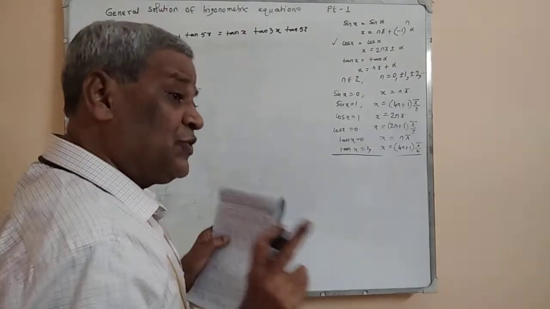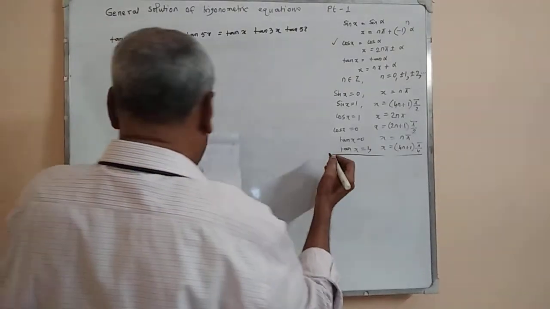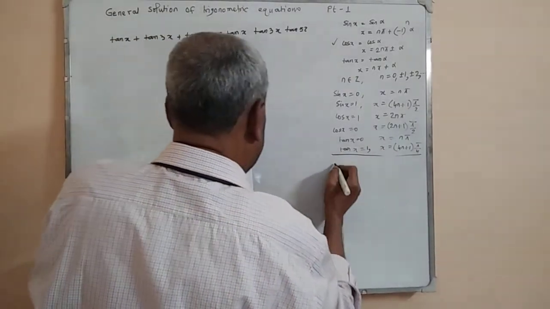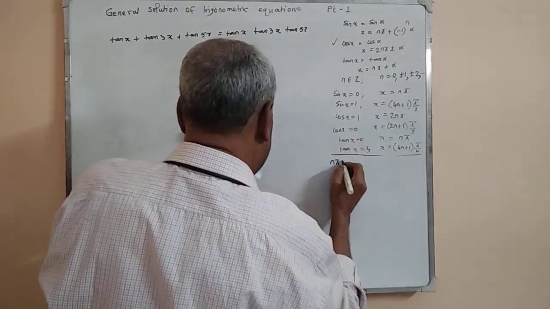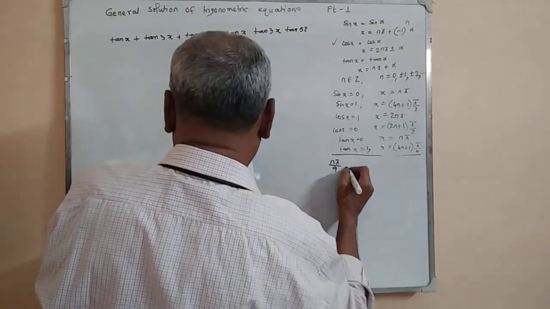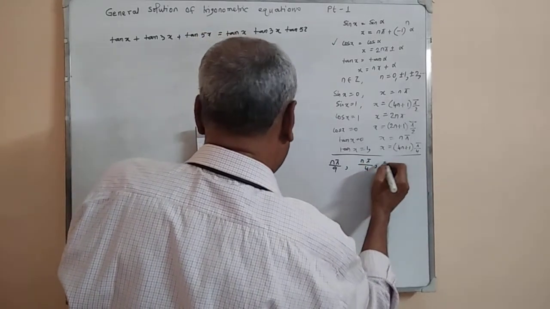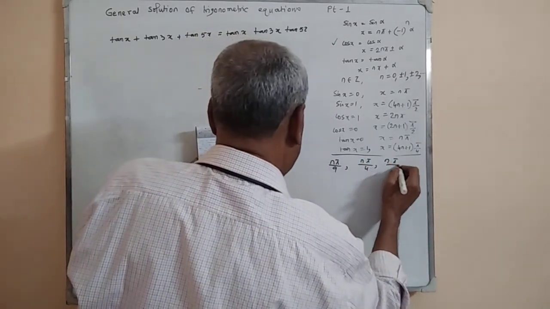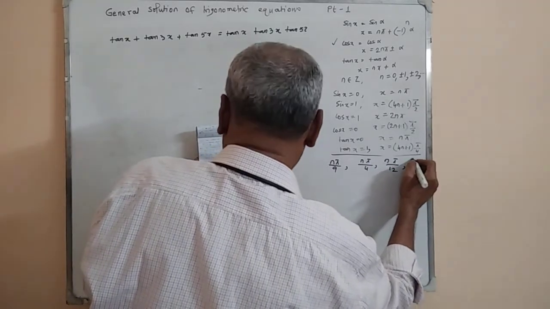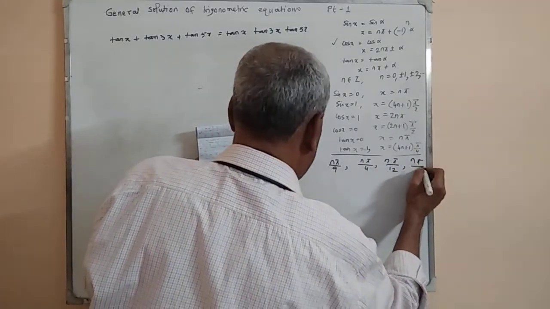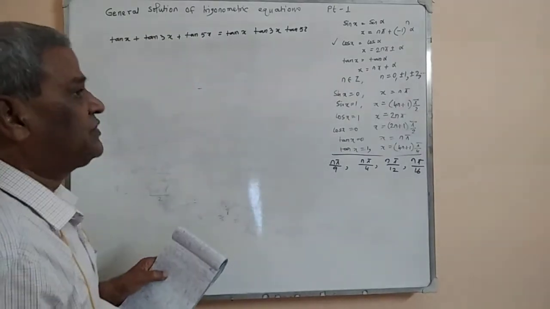Options are, it is the general solution, n pi by 9. Second option, n pi by 4, n pi by 12, n pi by 16. These are the options.